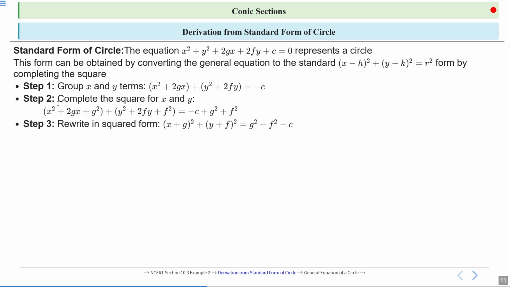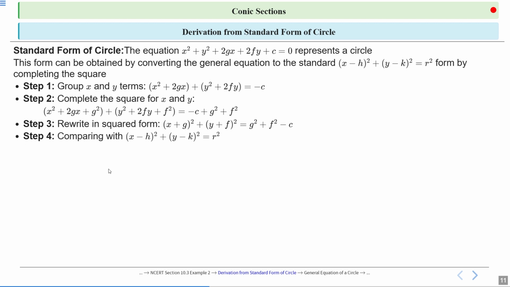You can rewrite it in squared form as x plus g whole square plus y plus f whole square equal to g square plus f square minus c. So after rewriting the general equation of the circle, we obtain x plus g whole square plus y plus f whole square equal to g square plus f square minus c.